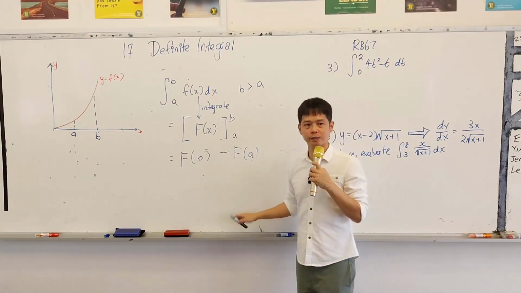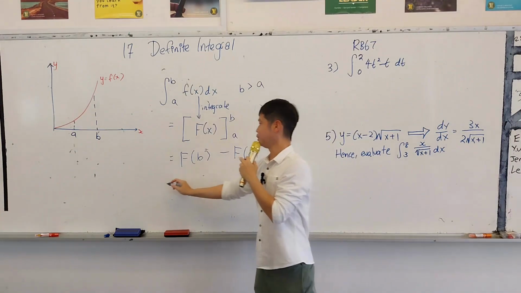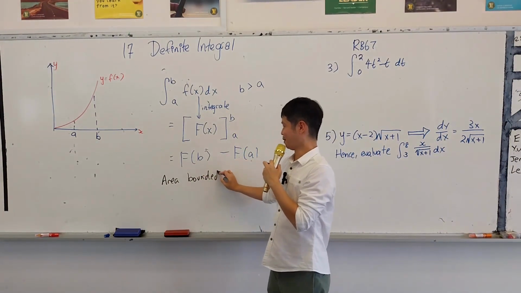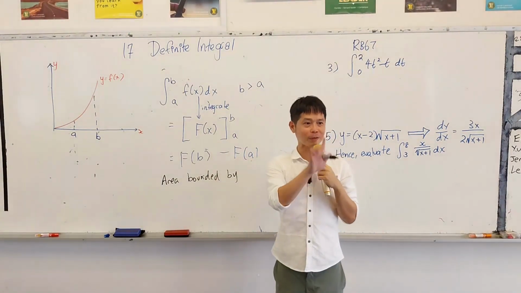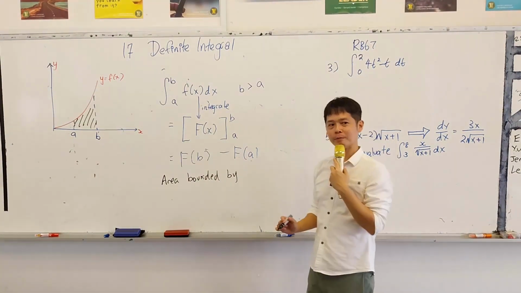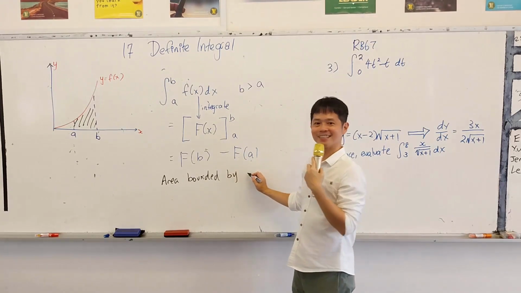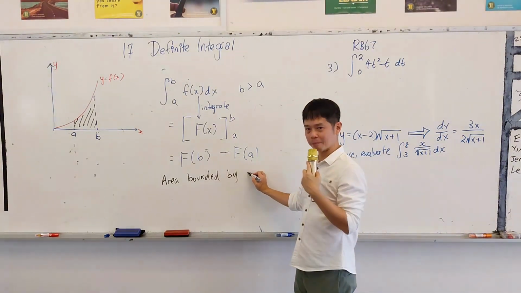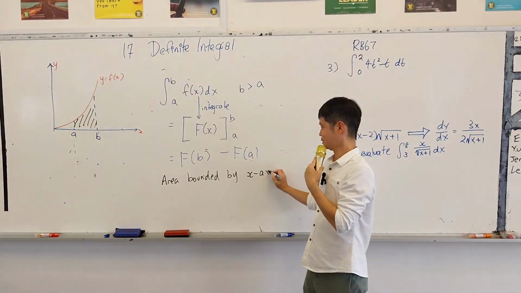Now the definition is this. Doing this is actually finding the area bounded by what? Actually, it's bounded by 4 things. First, it must be bounded by the x-axis.